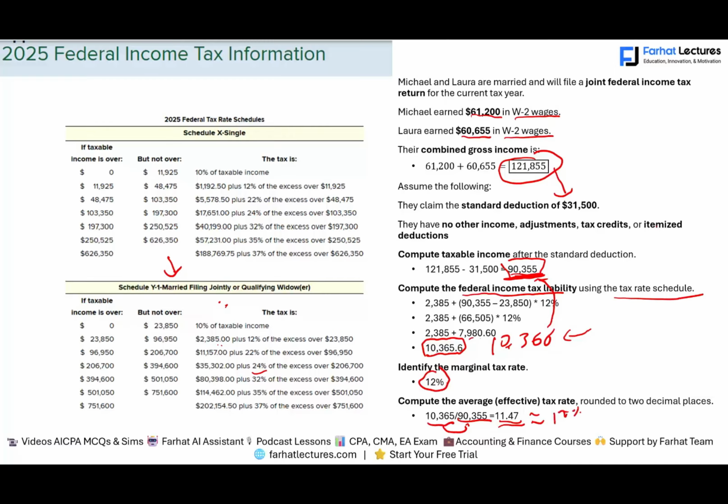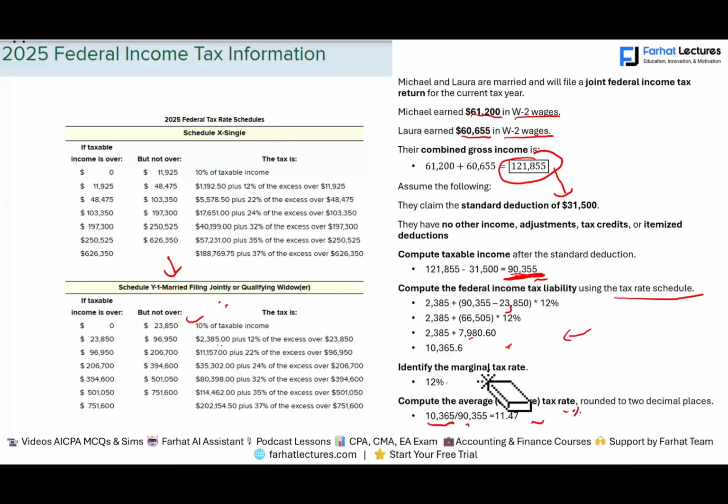And the reason it's close to 12% is because the majority of the income, $66,505, was subject to 12%. So you can see it's closer to 12%, 11.47. The first 23,000 was taxed at 10, and the remainder was taxed at 12. So it's going to be closer to 12 because the majority of the income was taxed at 12. And that's their effective or their average tax rate.